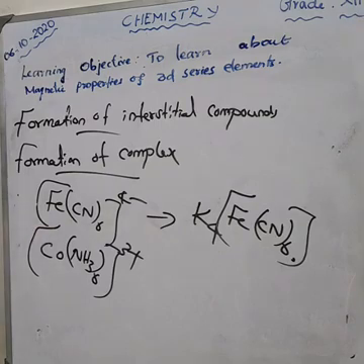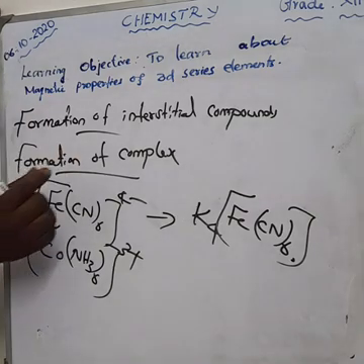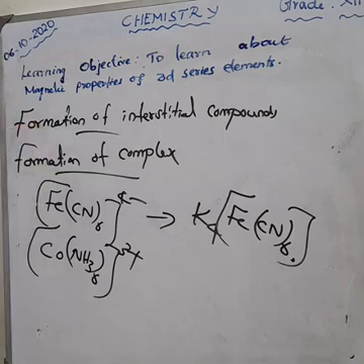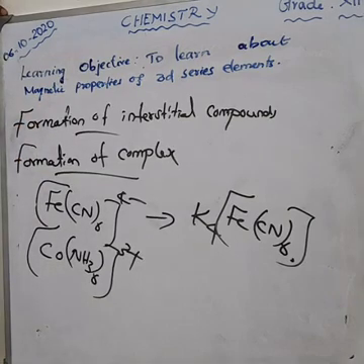Transition elements have the capacity to form coordination compounds with species that have the ability to donate an electron pair to form a coordinate covalent bond. Which bond? Coordinate covalent bond. When a compound donates a pair of electrons, we call it a coordinate covalent bond.